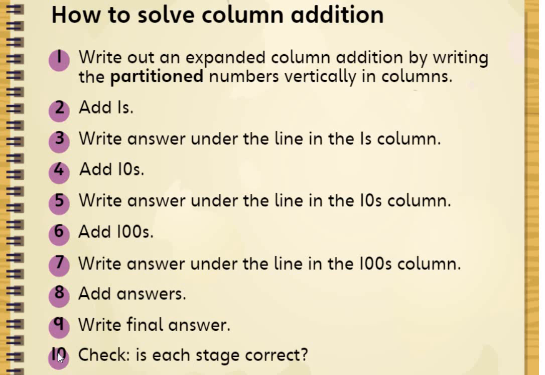And step 10: Check, is each stage correct or not? To make you understand better, I'm going to show you an example and then you will see how I'm going to follow all those steps.